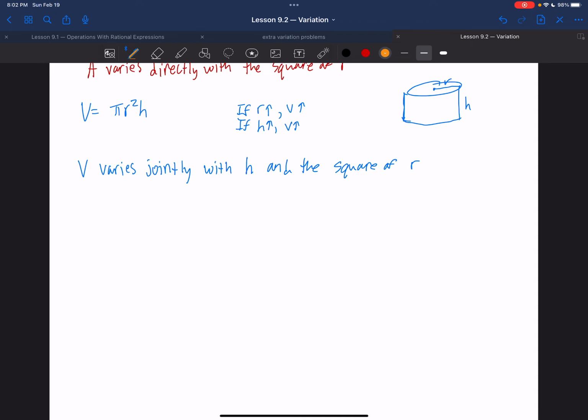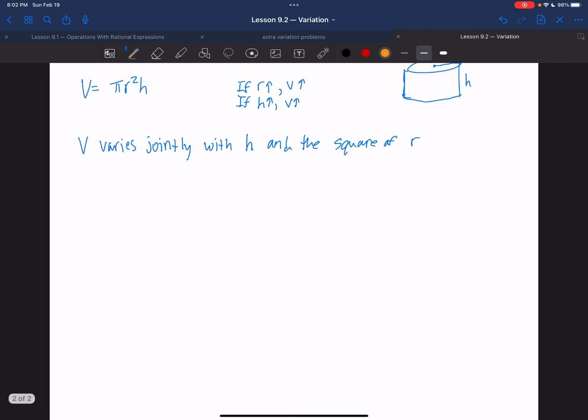Now let's say I solve this same equation for h. If I divide by pi r squared, I get h equals v over pi r squared. If you want to rewrite this, it's 1 over pi times v over r squared.